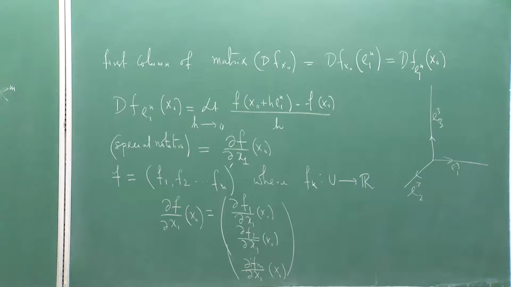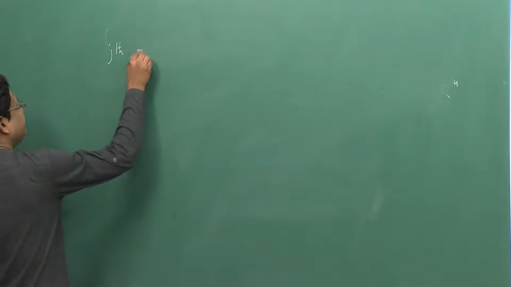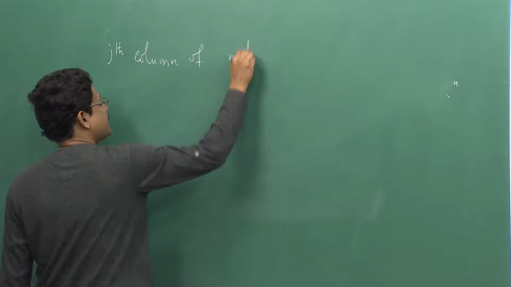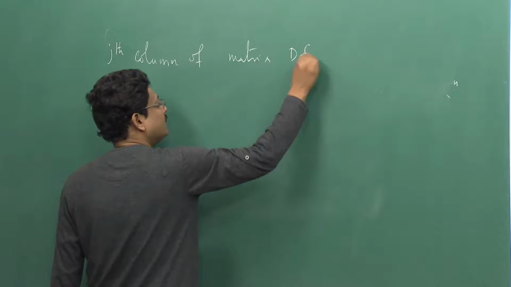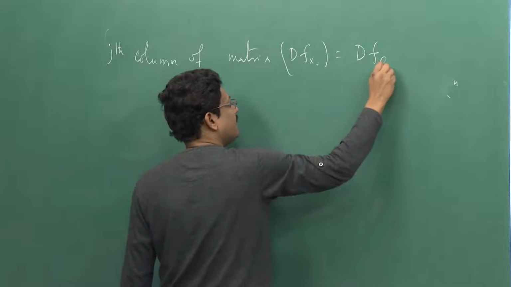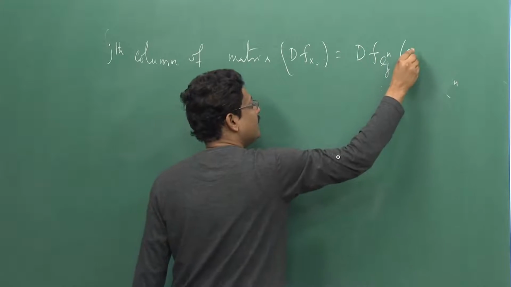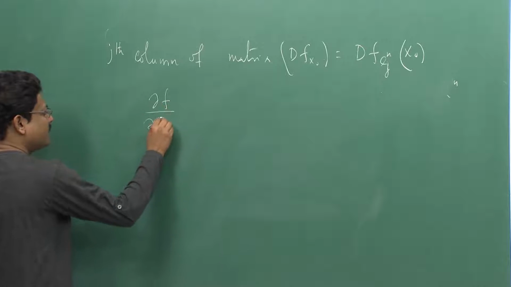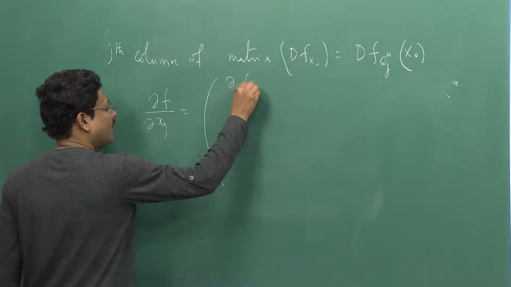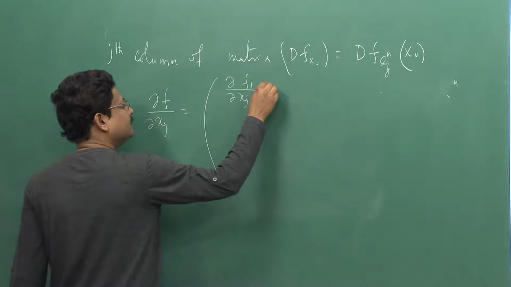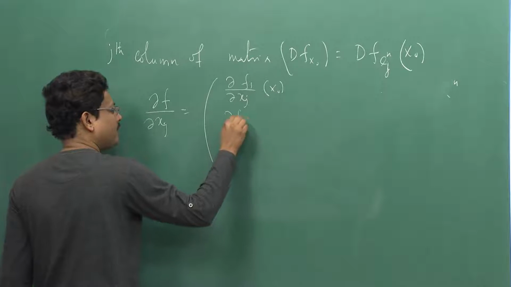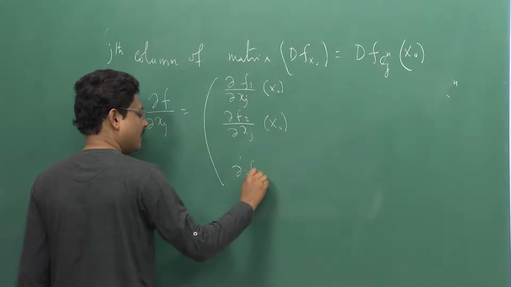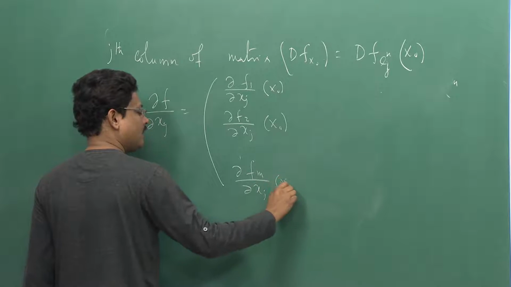What I mean here is that the jth column of the matrix of d f x naught will be d f x naught acting at e j n, and according to this prescription I will write del f del x j, which is del f1 del x j at x naught, del f2 del x j at x naught, up to del fm del x j at x naught.